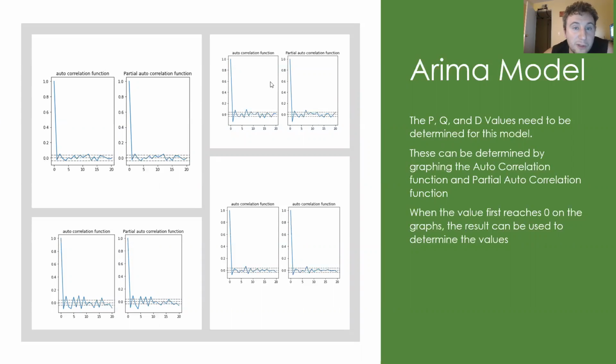In this case, it looks like for all of these, this was around 1 for each one, just looking at the graphs myself. So I chose 1 for each one of those. So I had 1, 1, 1 across the board for my P, Q, and D values on these particular models.